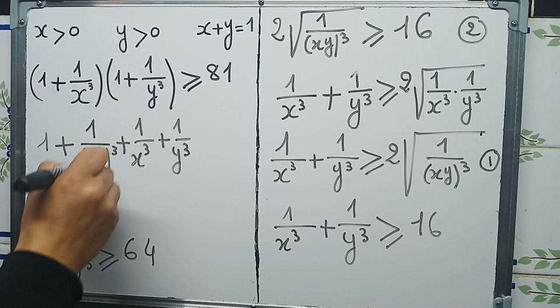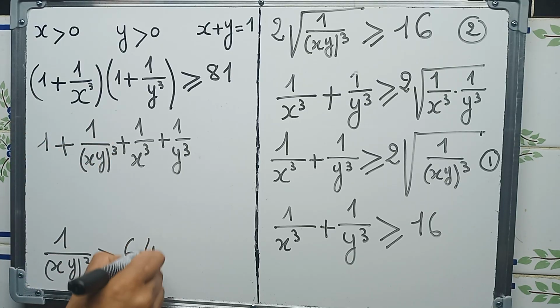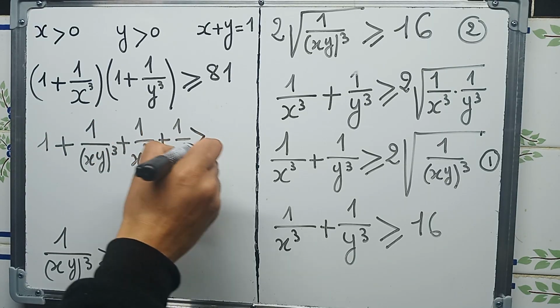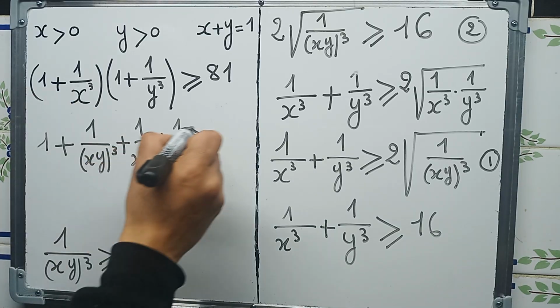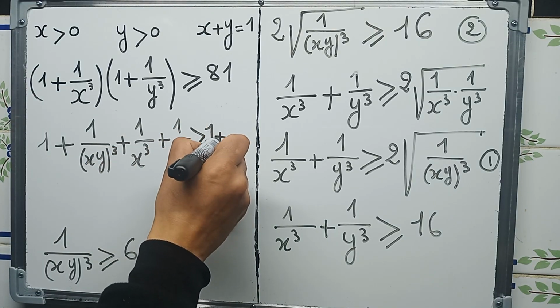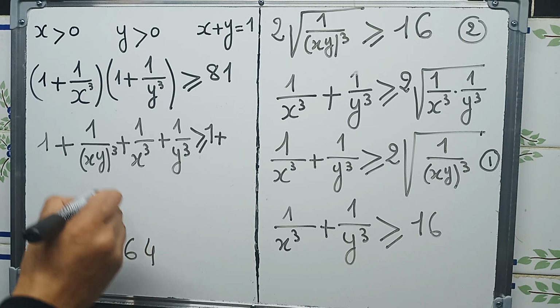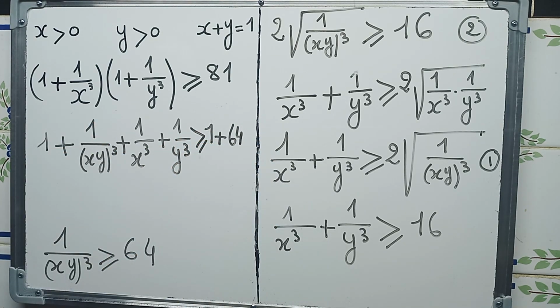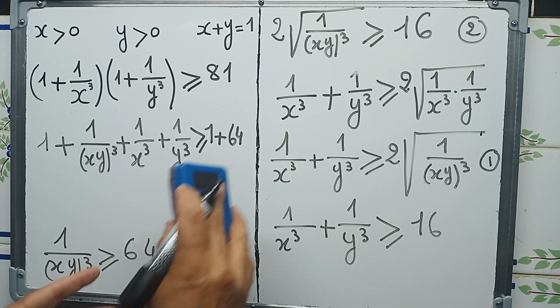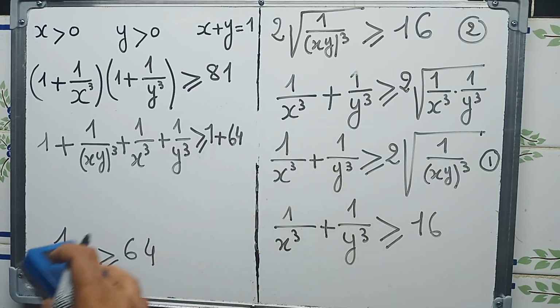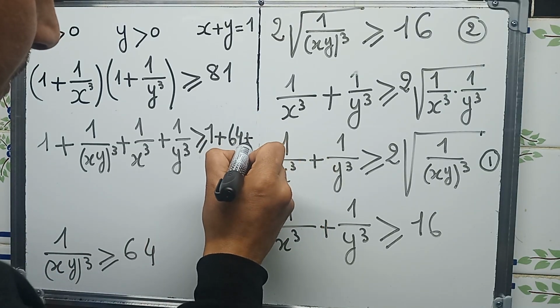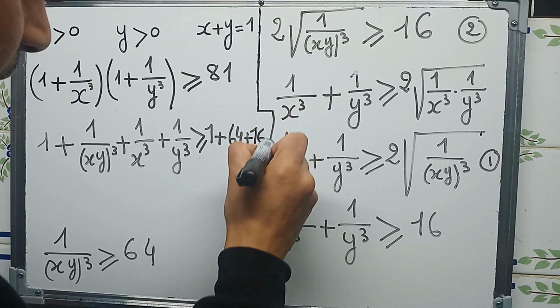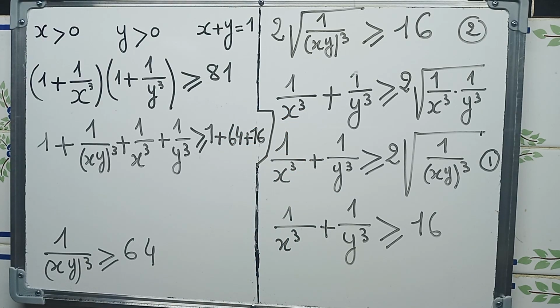Now this one is greater than or equal to 64. So 1 is just a constant, we add it also here. And here, this one is greater than or equal to 64, so we have 64 here. And this one is greater than or equal to 16, so I add here 16.